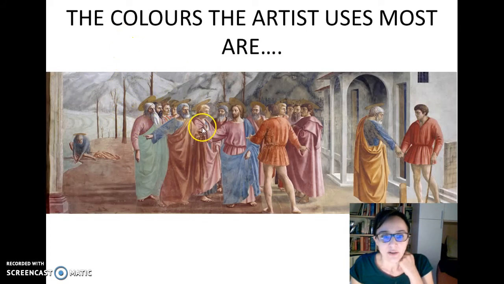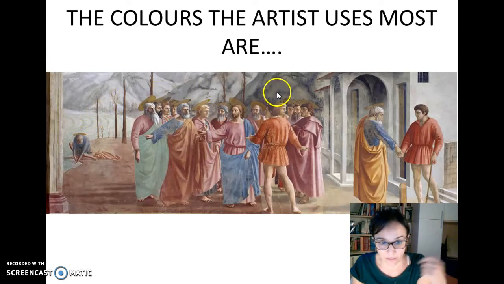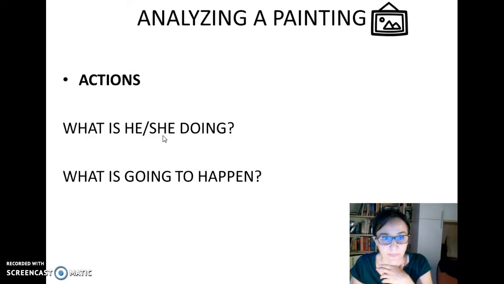What are the colors the painter makes use of? Mainly, of course, cool colors, warm colors, or neutral colors. You can talk about the colors used in the foreground and the colors used in the background, which are very different. Okay, let's move on.